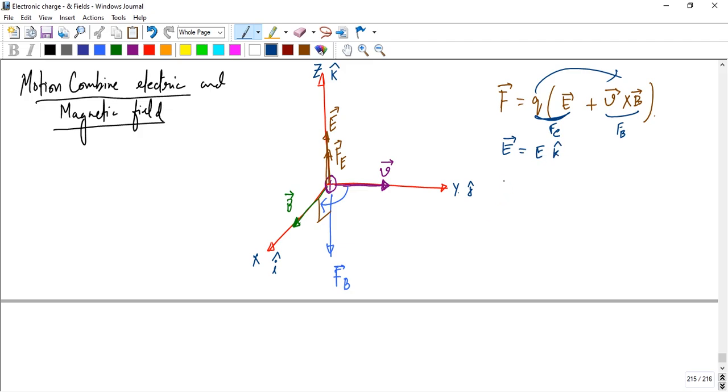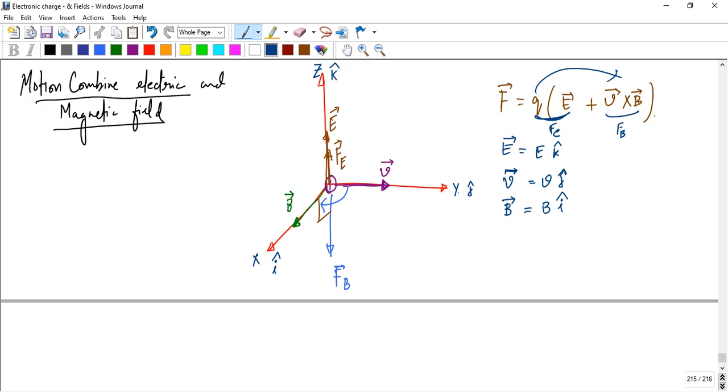Similarly, velocity is a vector with magnitude V and direction along y, so J cap. A unit vector has magnitude 1, but its main purpose is to define the direction. The magnetic field B is a vector with magnitude B and direction I cap.